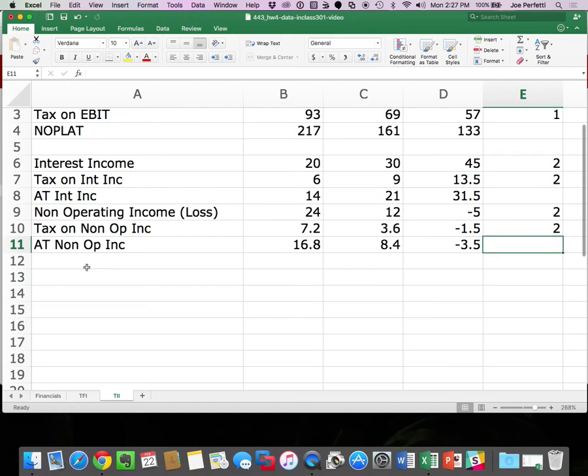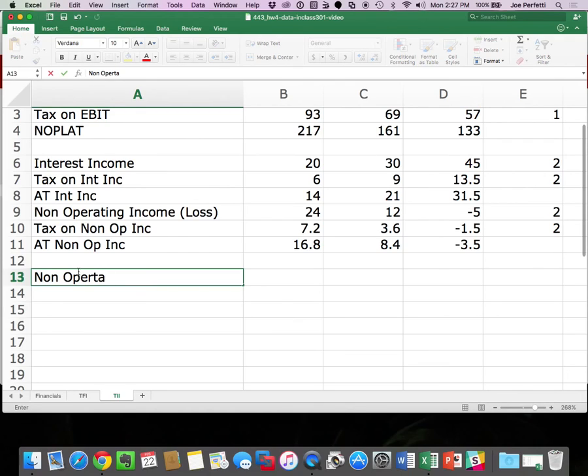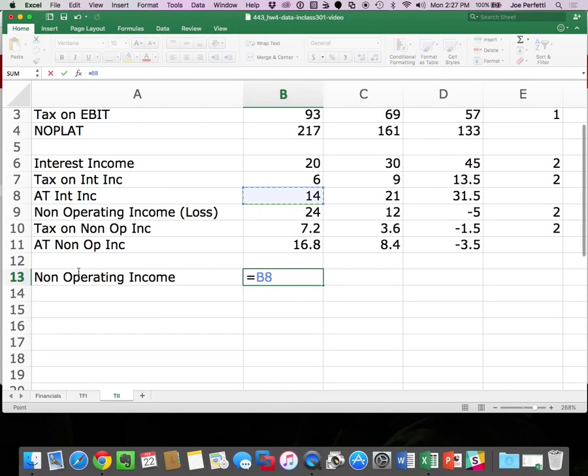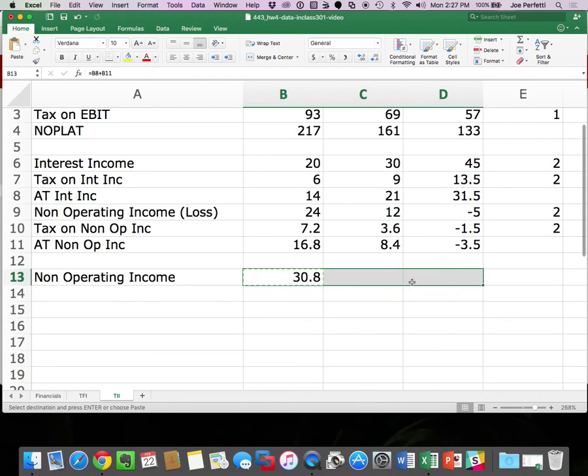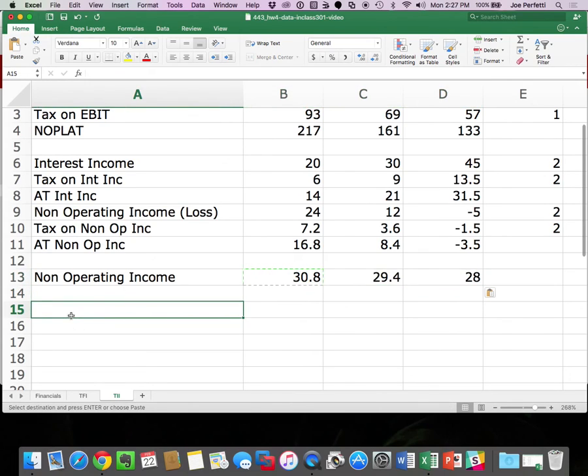Because, and again, I'll add a line that didn't exist before, but I basically have my non-operating income total, which equals the after-tax interest income plus the after-tax non-operating income, and that gets me my TII.